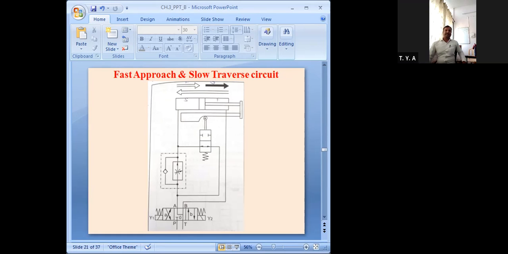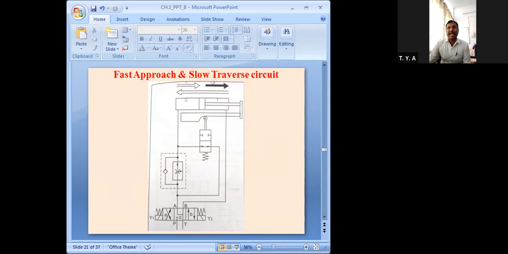Now see, this is our cylinder. In that cylinder, while extending the stroke, the piston should move very fast up to, for example, out of 100% movement, 50% or 70% very fast, and the remaining 30% at a slow rate or slow speed.